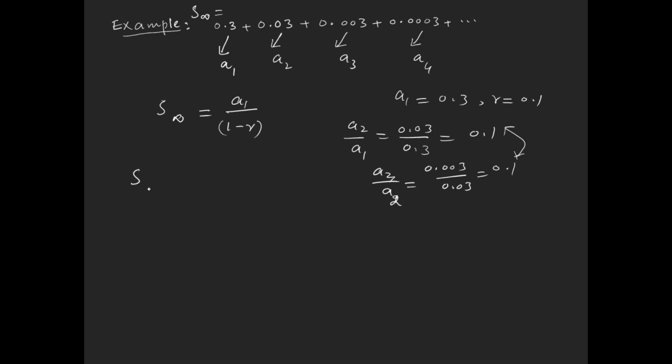Now putting in the values, a1 is 0.3, divided by 1 minus r. r is 0.1, so 0.3 divided by 0.9, since 1 minus 0.1 is 0.9. So 3 divided by 9, and the answer is 1 divided by 3.